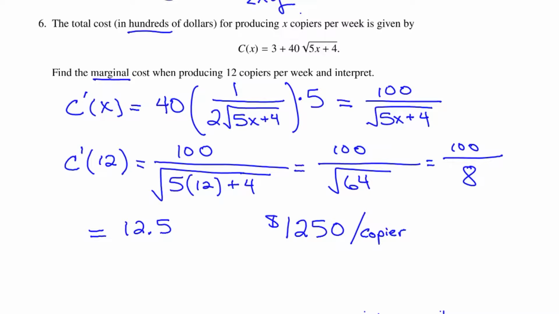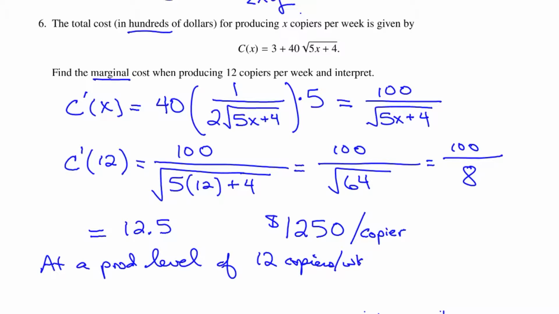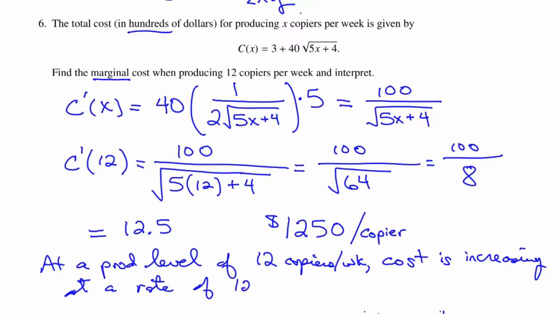And the interpretation is: at a production level of 12 copiers per week, cost is increasing at a rate of $1,250 per copier.